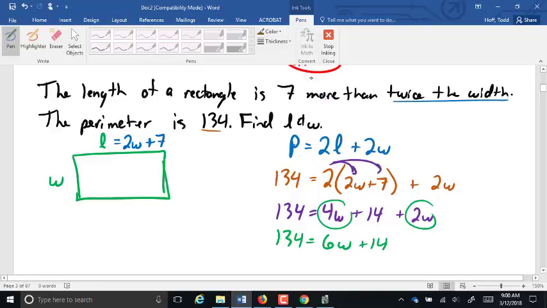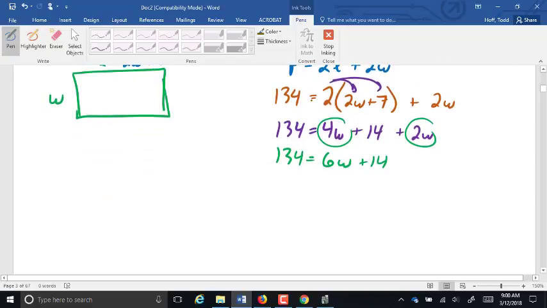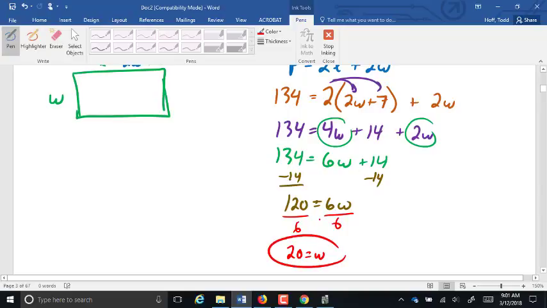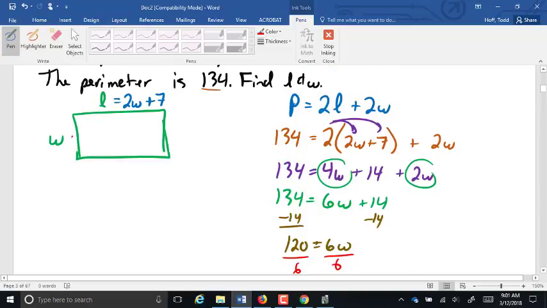The variable does only appear on one side, so we can start to solve by subtracting 14. 120 equals 6W, and then divide by 6. 20 equals W. So W is 20. L is 2 times W, 2 times 20 plus 7. That's 40 plus 7, or 47.